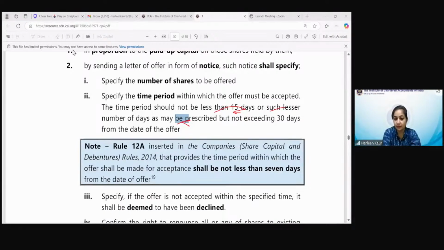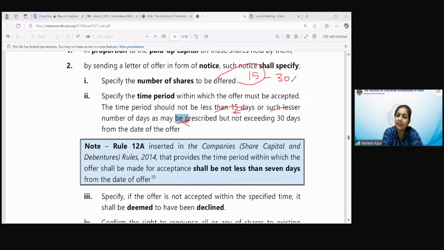exceeding 30 days. So we have understood, ma'am, you have time up to 15 days. Accept it within 15 to 30 days. The minimum time period cannot be shortened below 15 days. Only in case of a private company, if 90% of the members have given consent, you can have a shorter period. Otherwise, minimum 15 days.